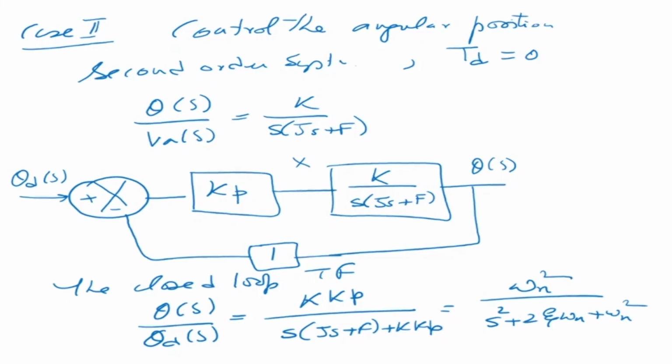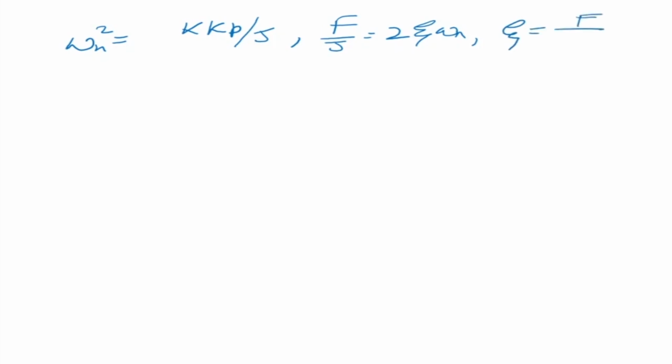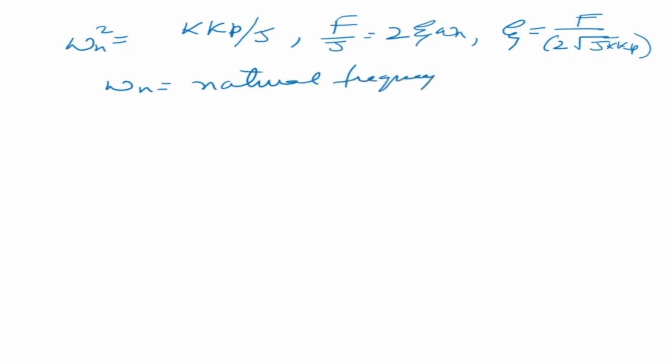Omega n squared is equal to K Kp divided by J, and F by J is equal to 2 zeta omega n, so zeta, the damping ratio, is equal to F by 2 root (J K Kp). These are standard terms: omega n is the natural frequency and zeta is the damping ratio.